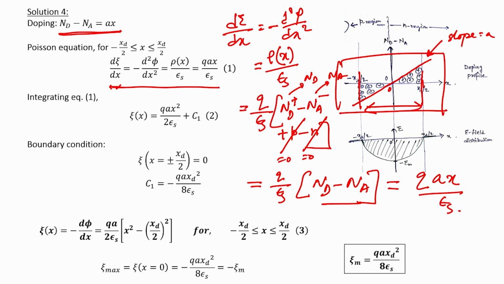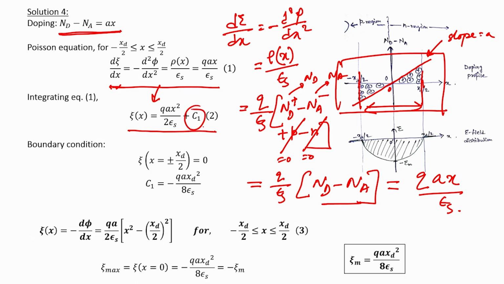If you integrate this Poisson's equation one time, you will get the electric field expression. This is a straightforward integration. The electric field comes out as a quadratic function of x along with an integration constant.